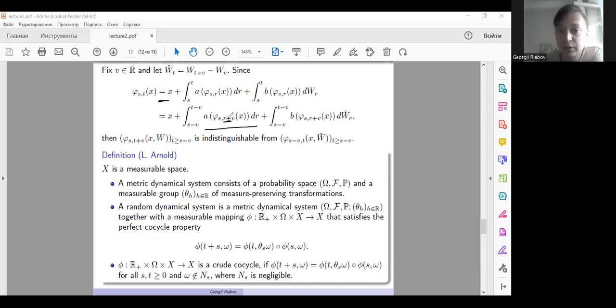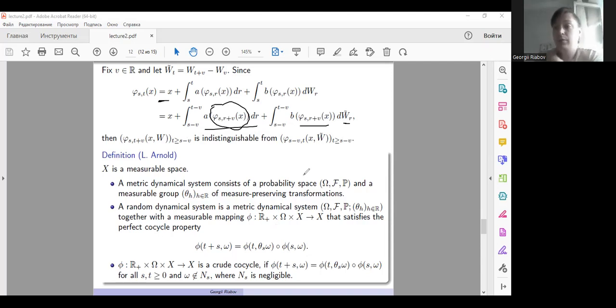Here we shifted r by v, and in the stochastic integral, let's also shift the bounds, but integrate with respect to the shifted Brownian motion. The shifted Brownian motion is again a Brownian motion, which means that this process solves the equation driven by a different Brownian motion.